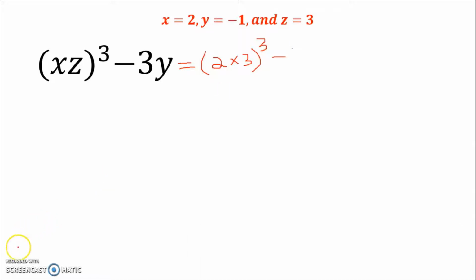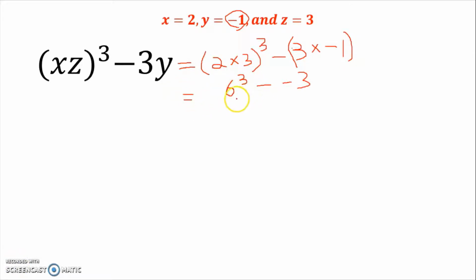That is what we're subtracting. So 3 multiplied by y, but y equals negative 1. So we have to remove the y and introduce negative 1. I'll put that in a bracket to make life easier.